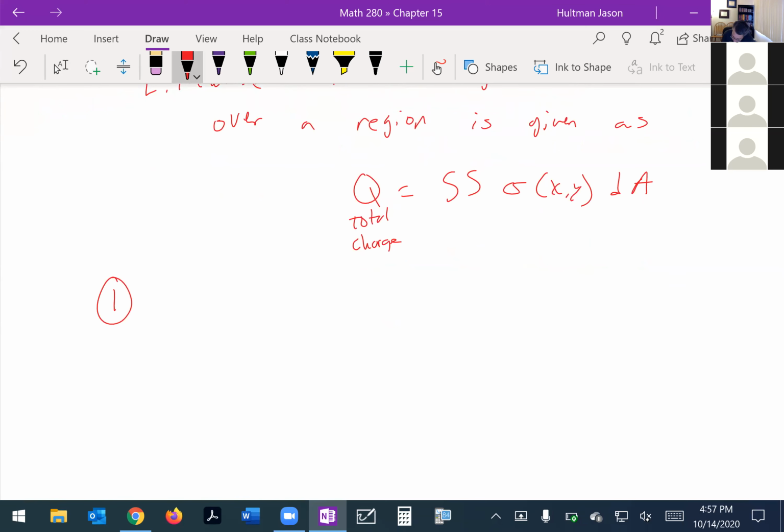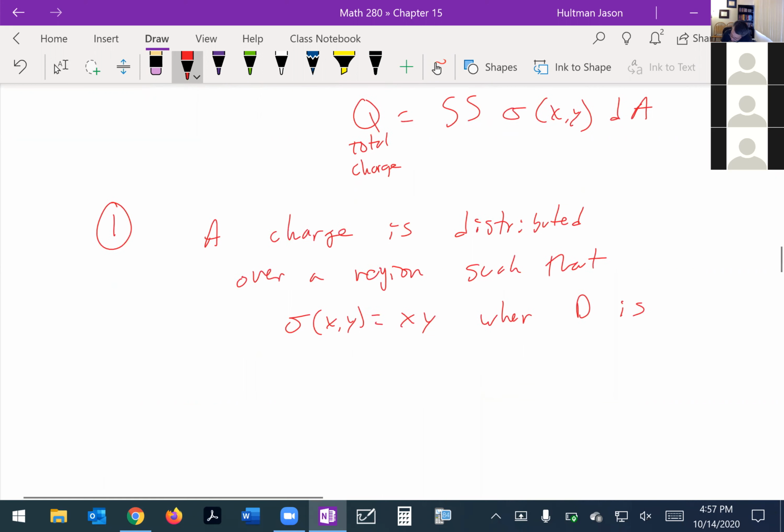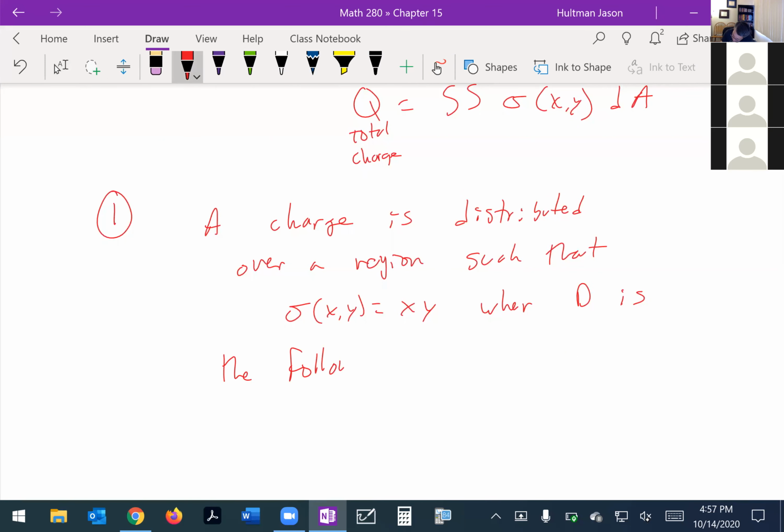Number one, a charge is distributed over a region such that sigma of xy is equal to x times y, where D is the following triangular region.